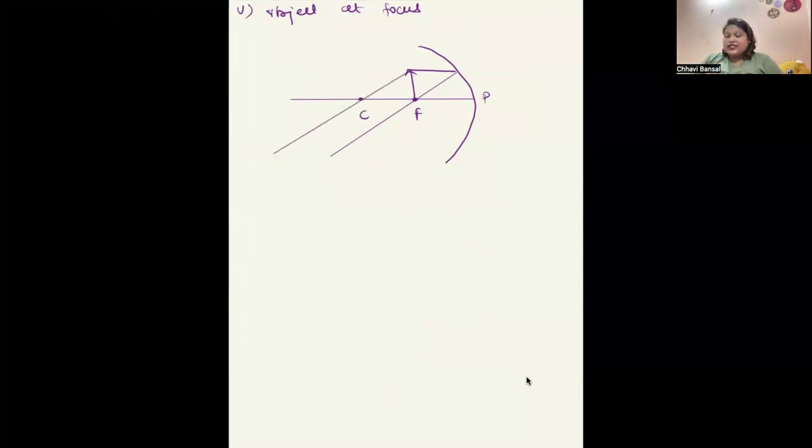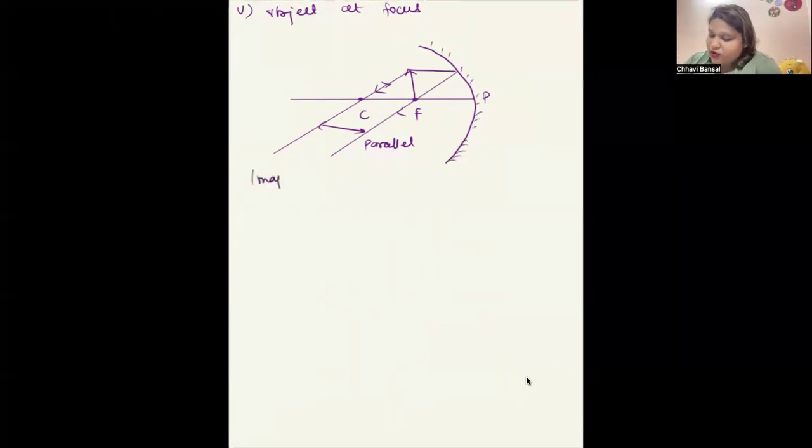Okay. If we see what happens, when it passes through the center of curvature, it retraces its path. So both the rays, after reflection, are parallel to each other. Parallel, right? And we assume the parallel rays meet at infinity, right?